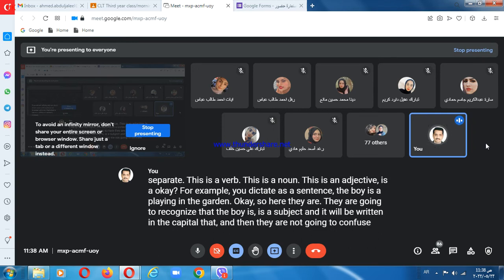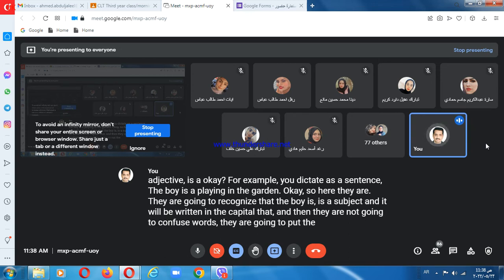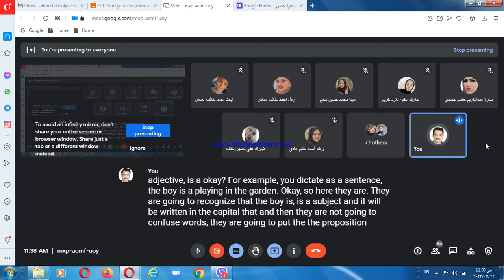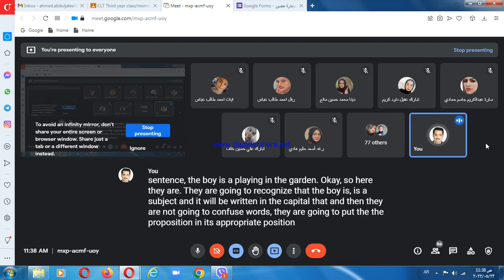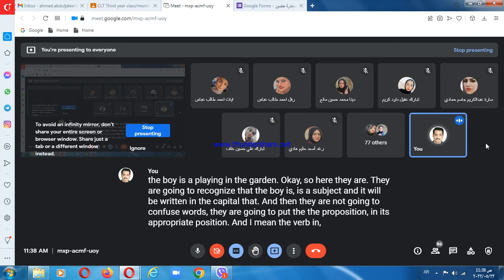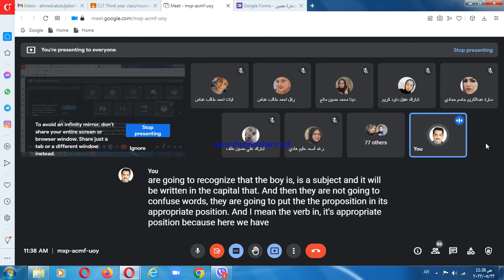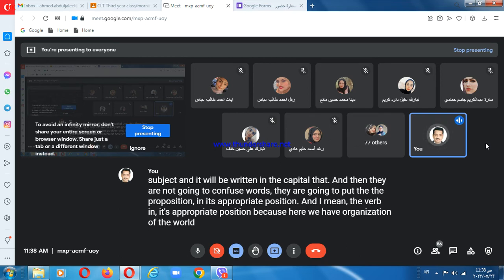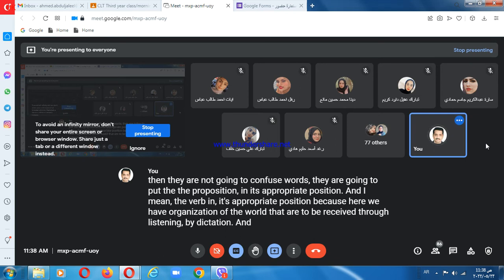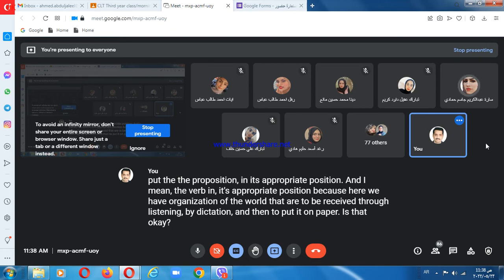They are going to put the preposition in its appropriate position, and the verb in its appropriate position, because here we have organization of the words that are received through listening by dictation, and then put on paper. Is that okay?